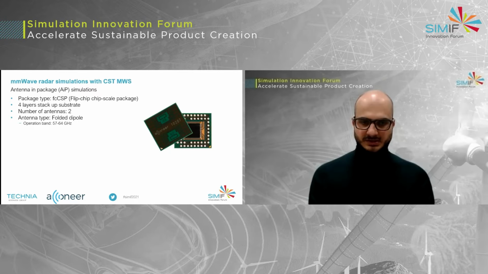The antenna types are folded dipole, which operate from 57 to 64 gigahertz. You can see on this slide that the chip is attached on the bottom side of the package, and then we have the ball grid array where we can read, write and communicate with the sensor.